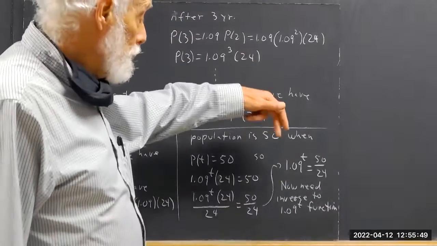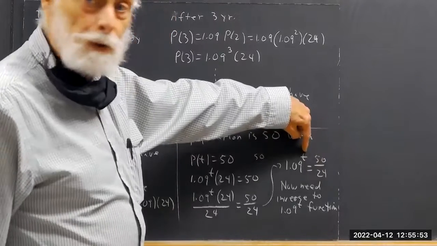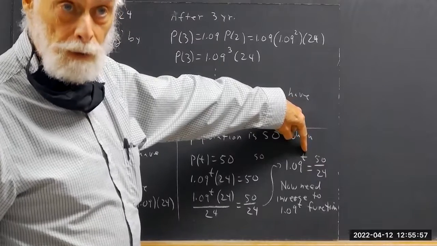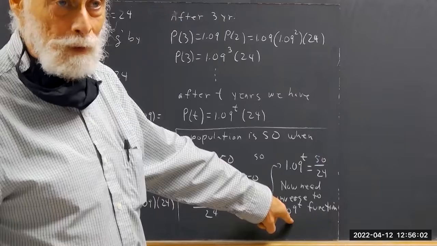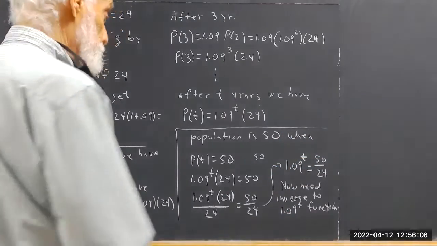Because if we take the inverse function of both sides, we're going to end up with t. That's the way inverse functions work, and you should know that about inverse functions. You just don't know what this inverse function is. Okay. Turns out it's a log base 1.09, but that comes later. Okay.